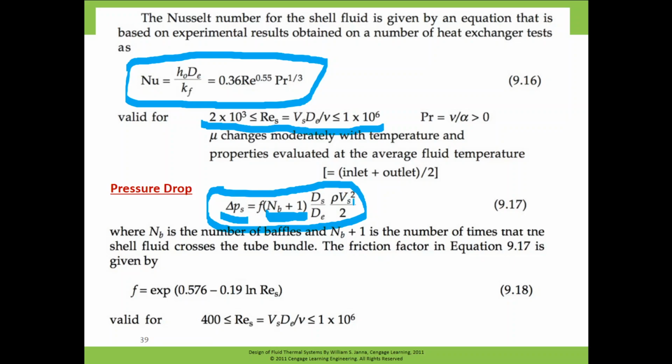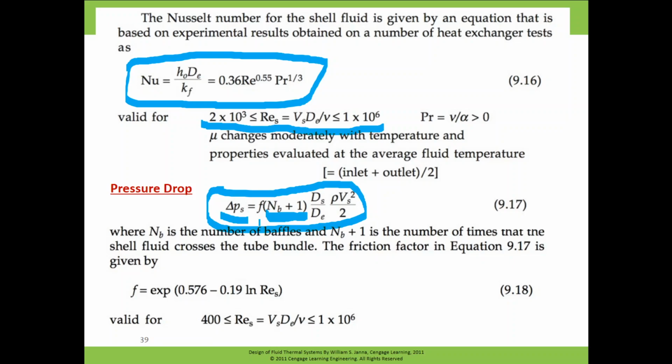We already discussed that. So the only thing is that the friction factor we did not discuss. So how do we calculate this? Remember that for the shell side, the flow path is not straight and not smooth. So we cannot use the conventional friction factor formula like what we have for turbulent flow in chapters 5 and 6. So here we have a different correlation for friction factor.